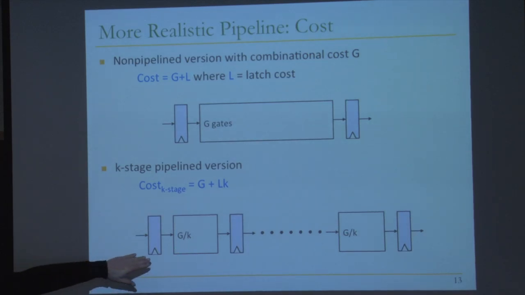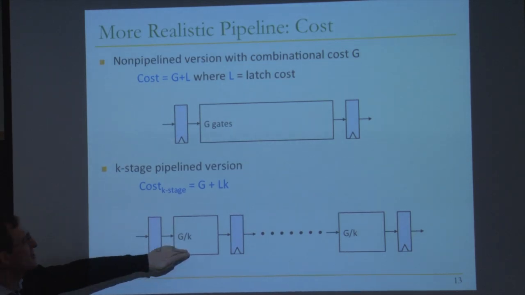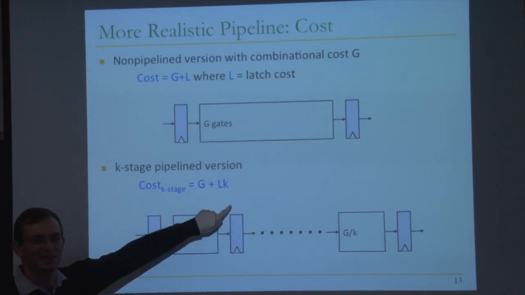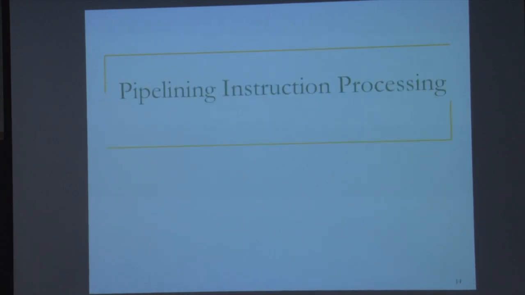Once you pipeline it, even if you can divide gates ideally, G divided by K for a K-stage pipeline, the entire cost is you keep the same combinational number of gates, but now your latching overhead increases. For each stage, you need to add 1 latch at the end. So it's LK. That's another reason why you don't want to pipeline more and more. OK. This is theoretical right now.